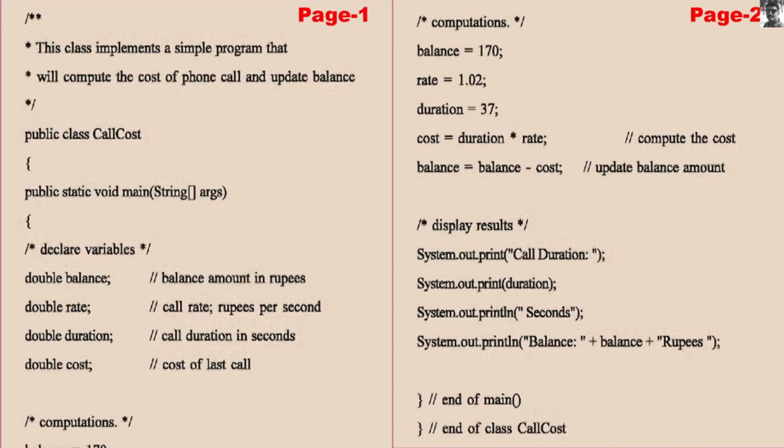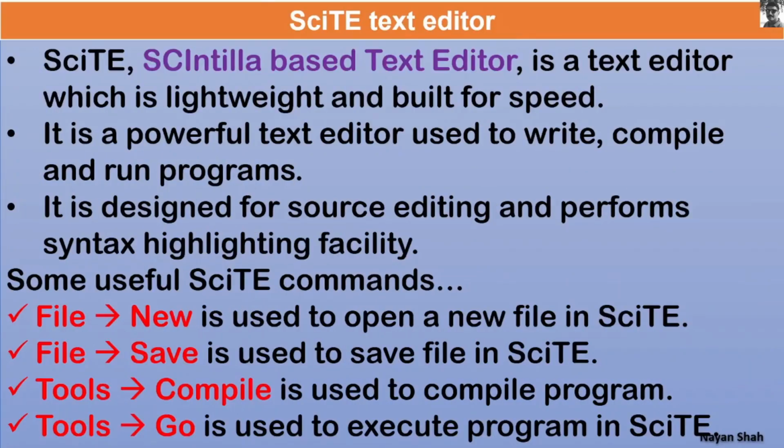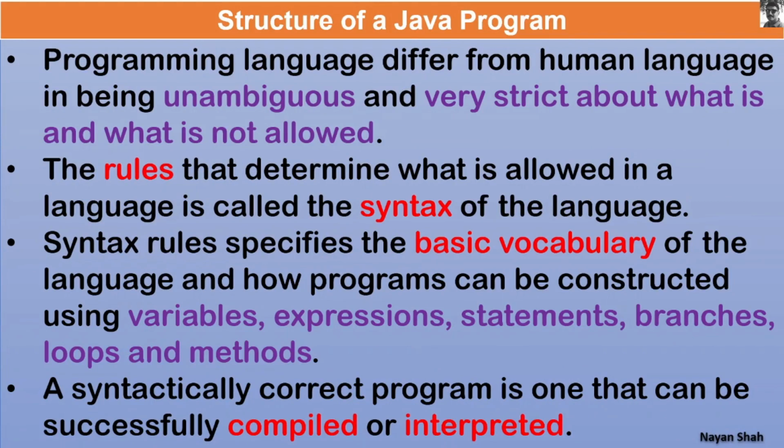We cannot use synonyms because these are words defined in the Java language and they have specific meanings which we cannot change. And that is why every programming language is very strict about what is and what is not allowed. The rules that determine what is allowed in a language are called the syntax of the language.